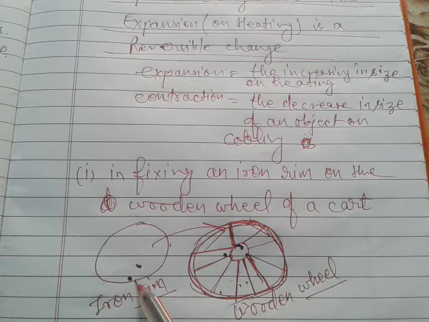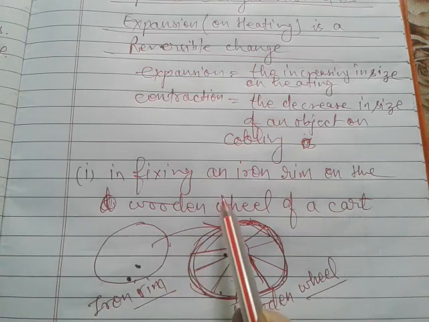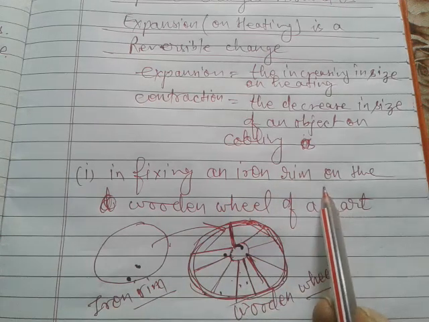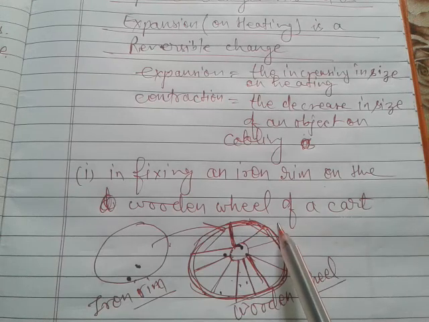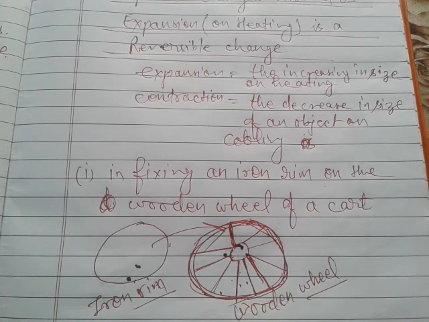That's why we call the fixing of an iron rim on the wooden wheel of a cart a reversible process. In the same way, the fixing of the iron blade of a digging tool to a wooden handle is also a reversible process.